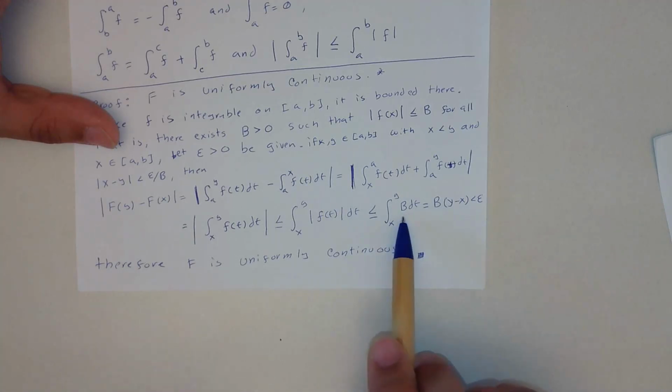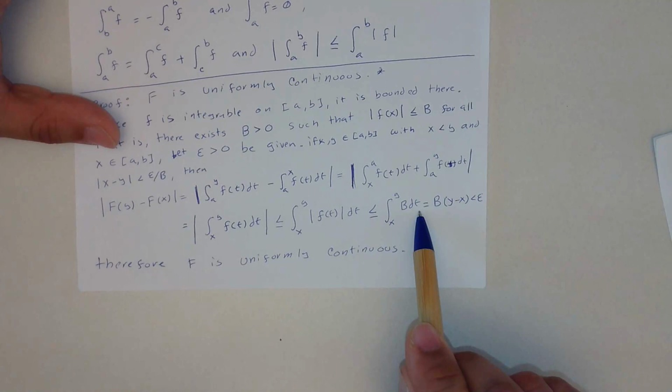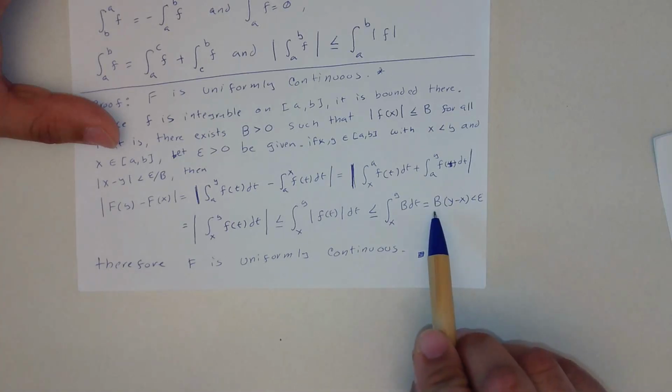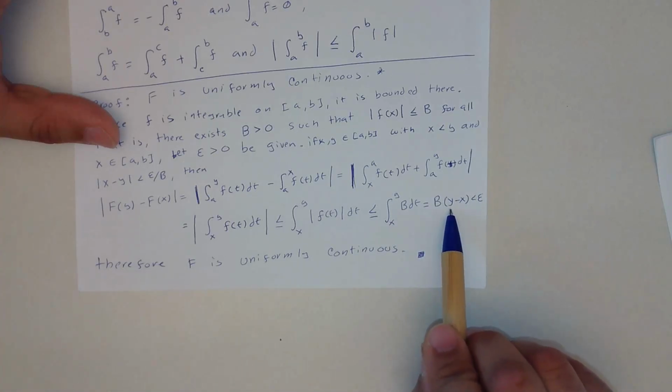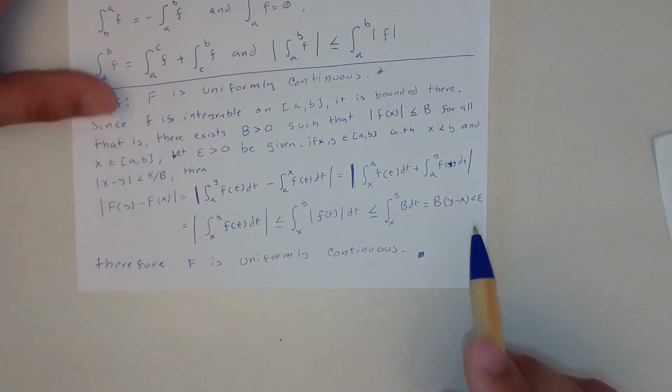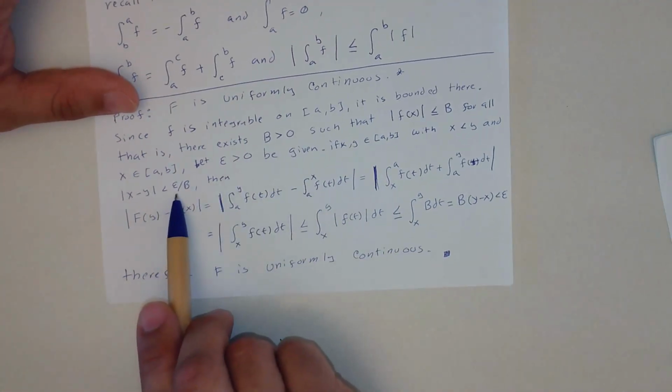B is a constant. So we basically have the remainder dt. And the integral of dt evaluated at these two numbers will be equal to B multiplied by the difference between y and x.